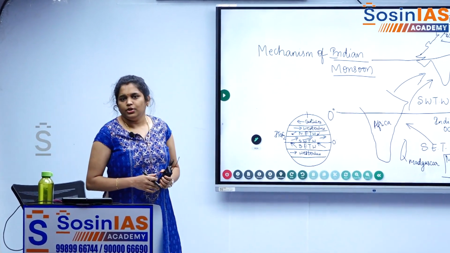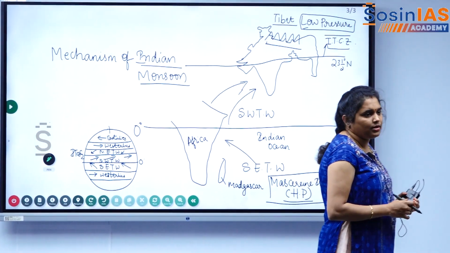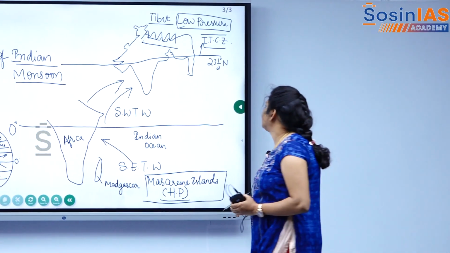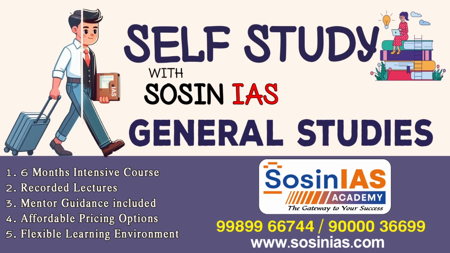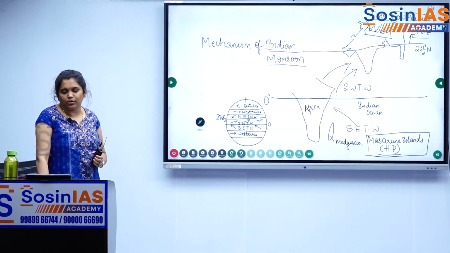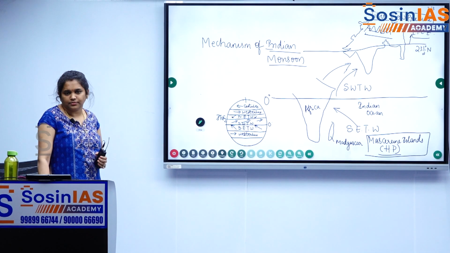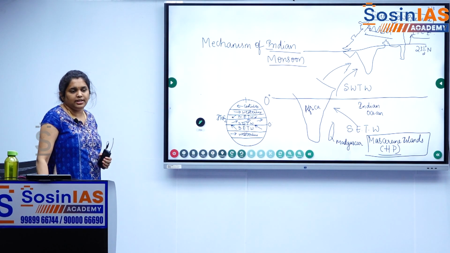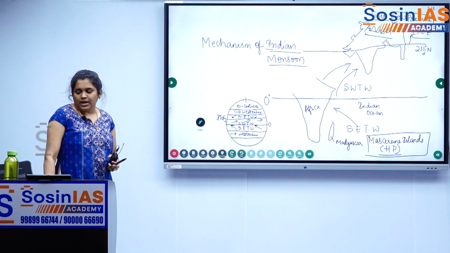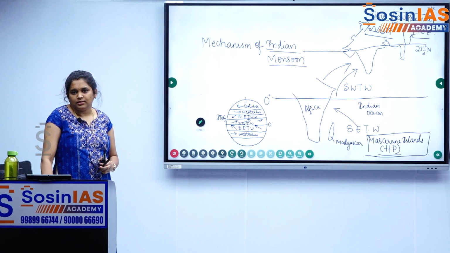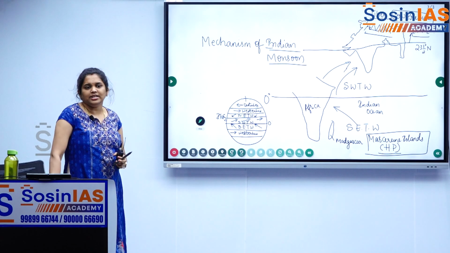Due to this, the Tibetan plateau, which is at a height of 4 kilometers and spread over 4,000 square kilometers, will absorb the highest insolation, and it would be the warmest region compared to the other regions around.